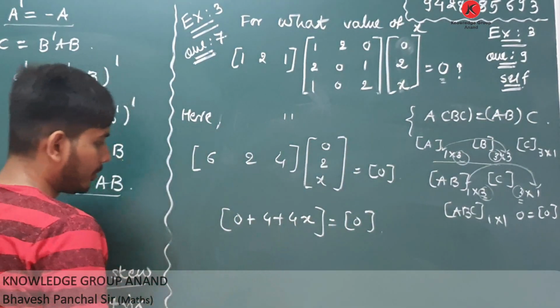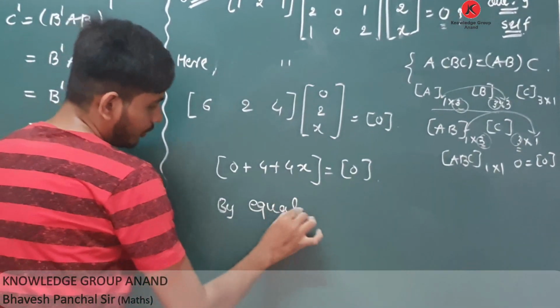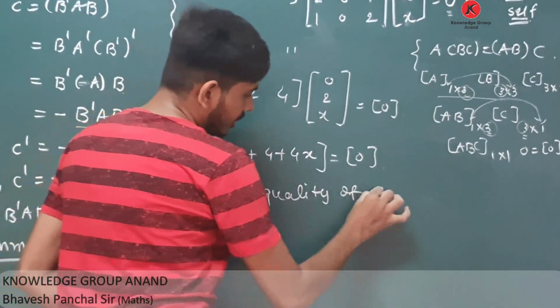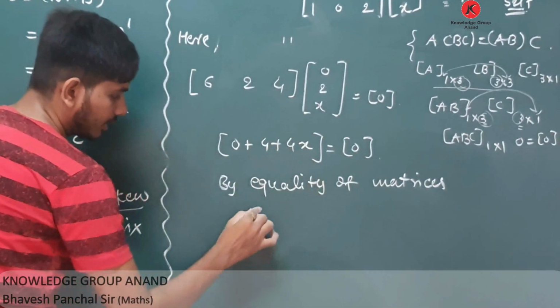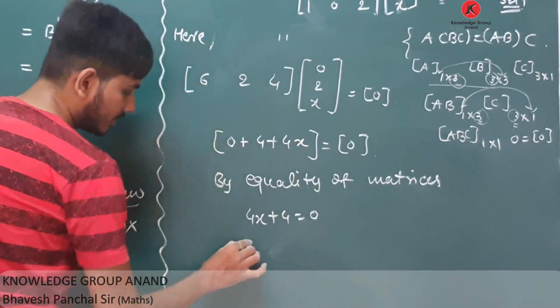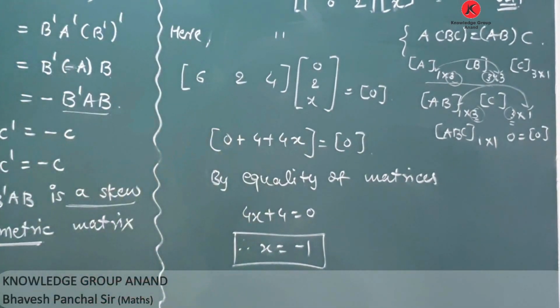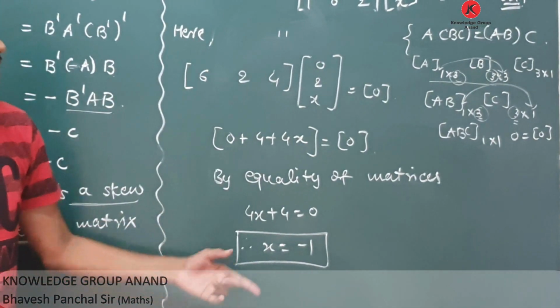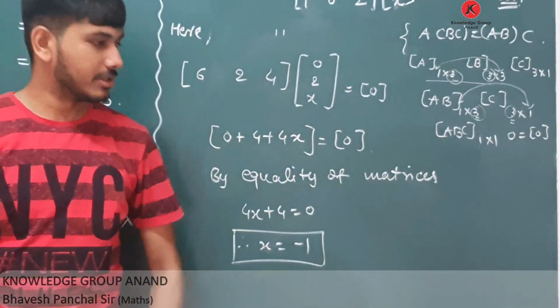Okay, now compare by using the equality of matrices. By using equality of matrices, we can say that 4x plus 4 equals 0. Therefore, the value of x will be minus 1. You can similarly calculate question number 9 in self-practice. You have to do it like this. Okay.